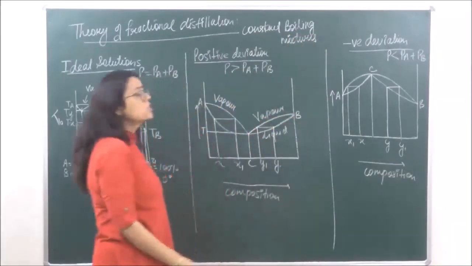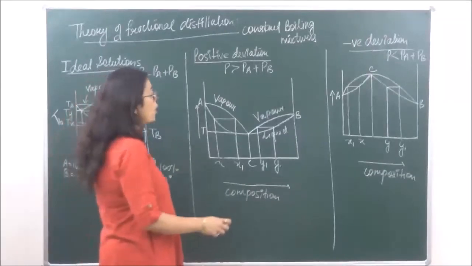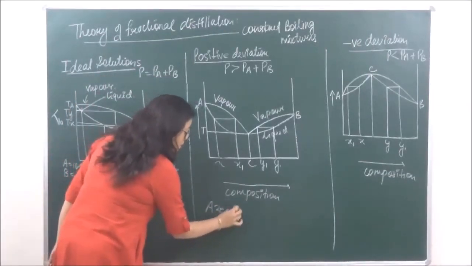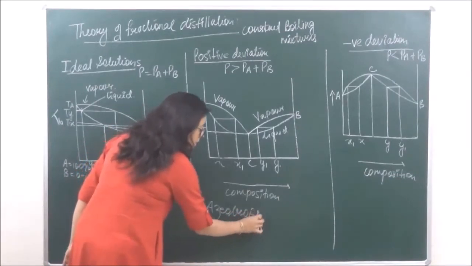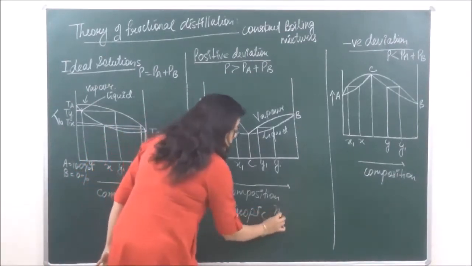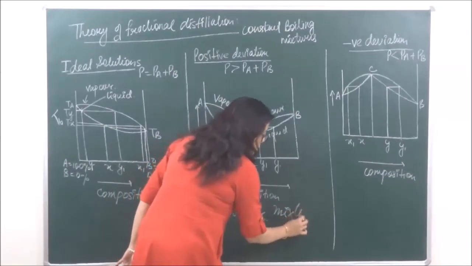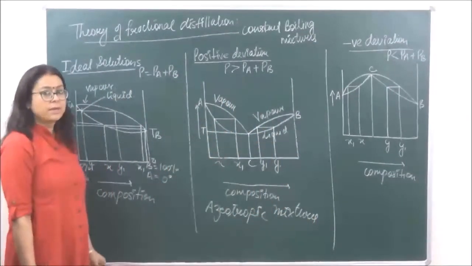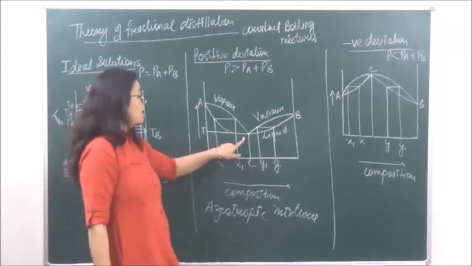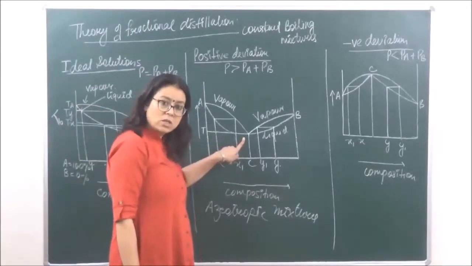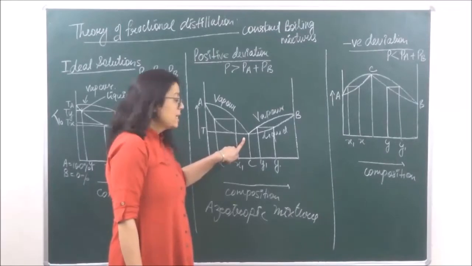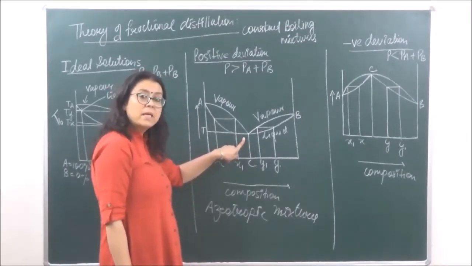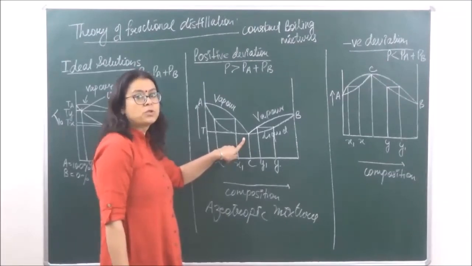Constant boiling mixtures, or another name which can be given. Now as in this graph, a minima is observed, right? If a minima is observed, this means that this is minimum boiling azeotropes, right?